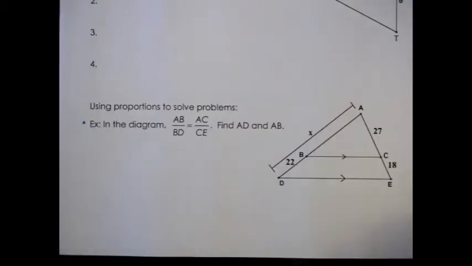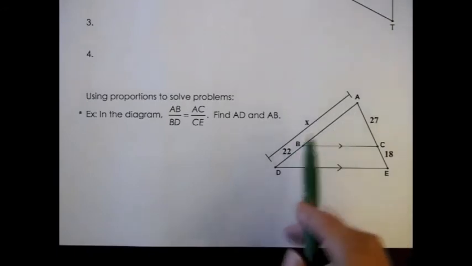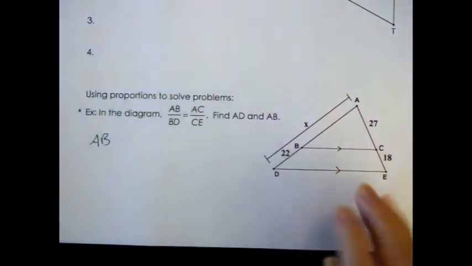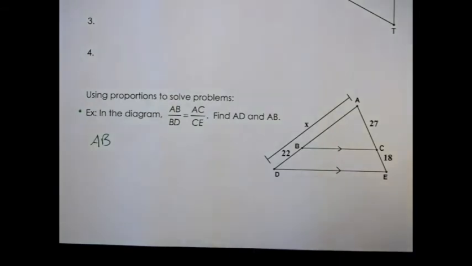Let's look at an example with this diagram. It says that AB over BD is equal to AC over CE, and we're going to find both AD and AB. In order to find AD, we need to find AB first, so we're going to use our proportion. We do not know what AB is, so we'll just rewrite AB over BD.